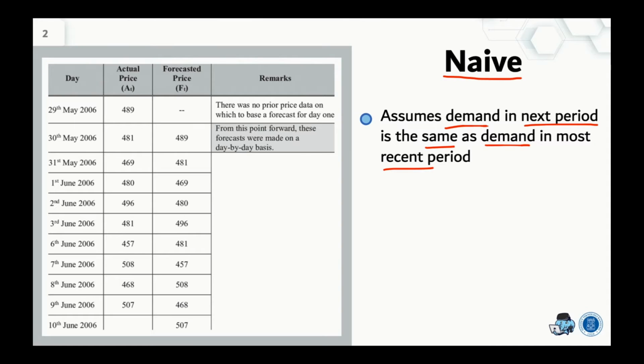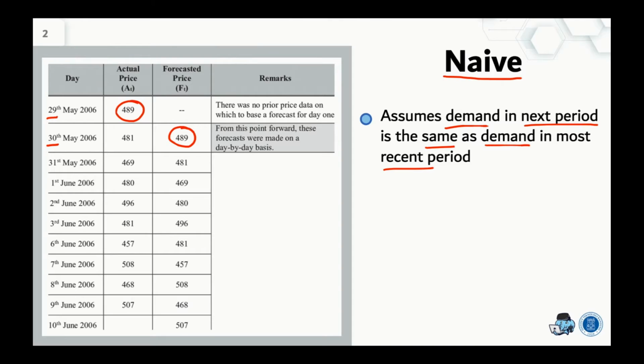For example, the demand for the next day, 30 May, is equal to the demand on the 29th of May. The demand on the 29th of May is 489, so the demand for the next day is 489.